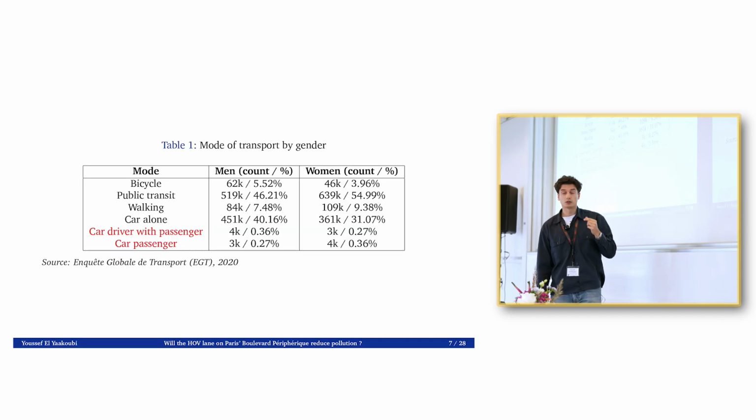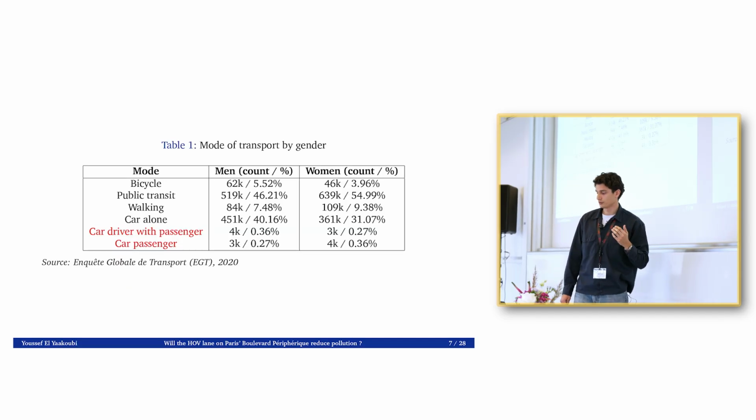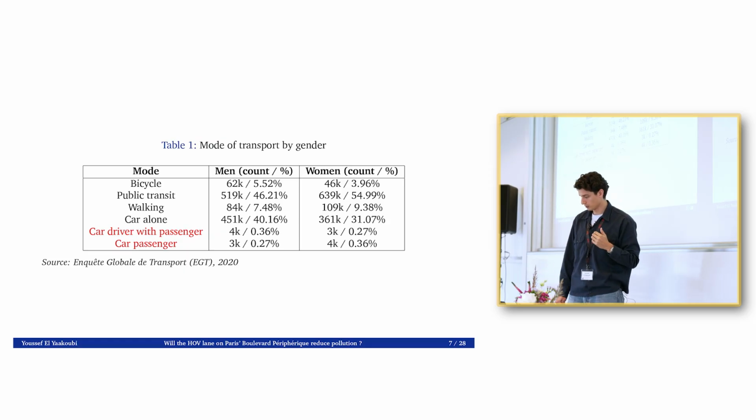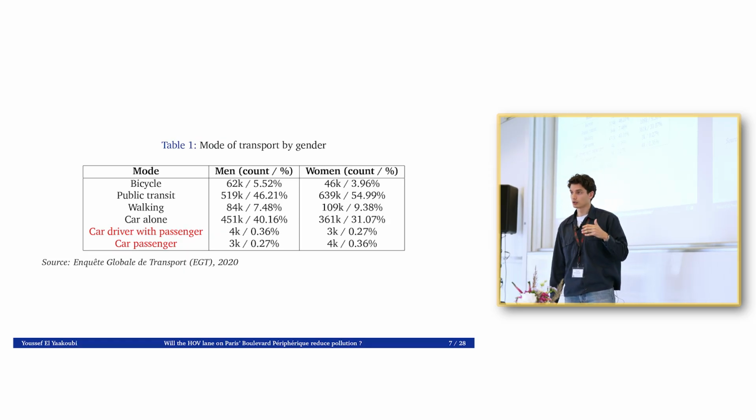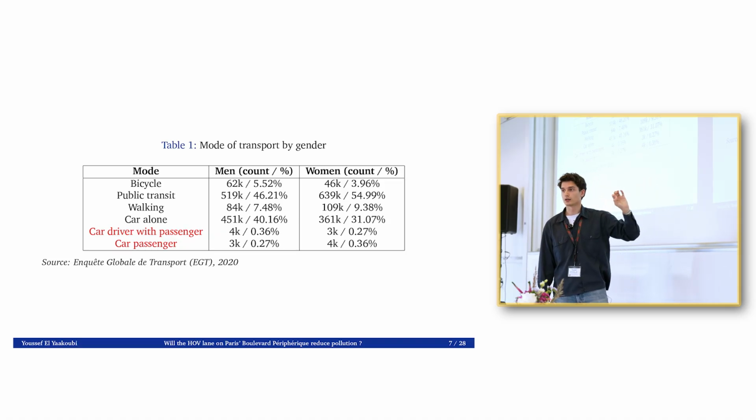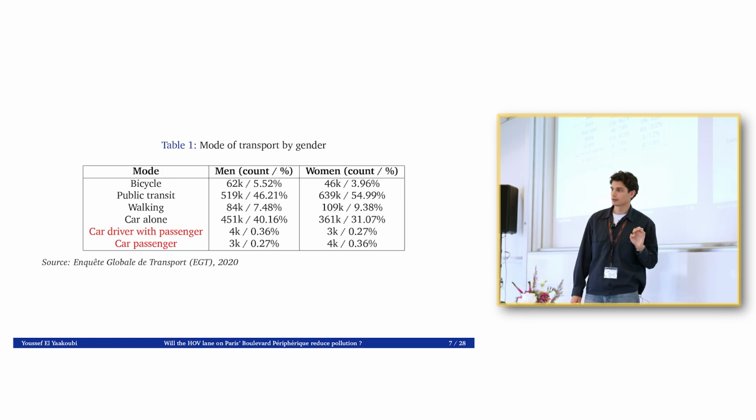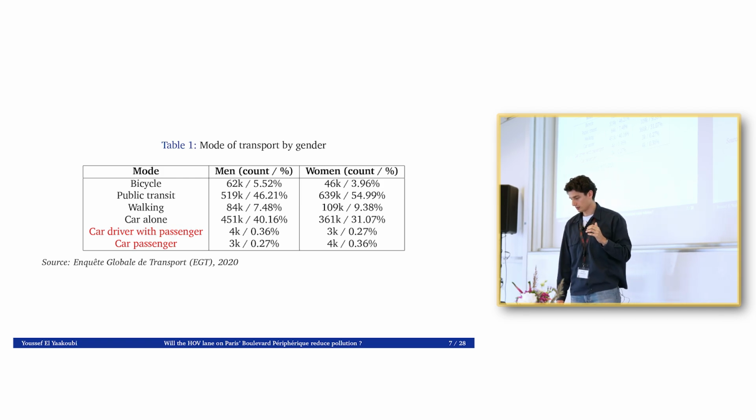Here we took the mode shares of people commuting to work by gender from the global survey of transport made in 2020, just to show you that we are focusing on a tiny population that is commuting, and that's why it's an ongoing work.